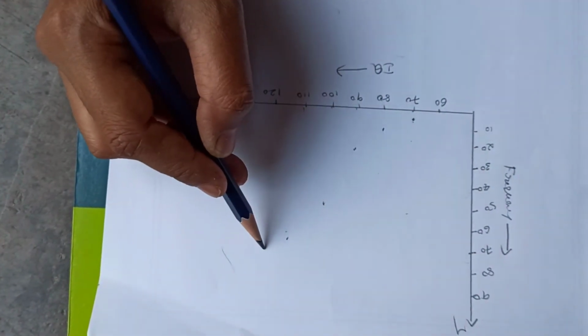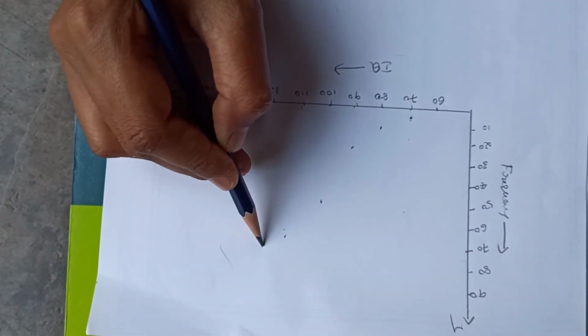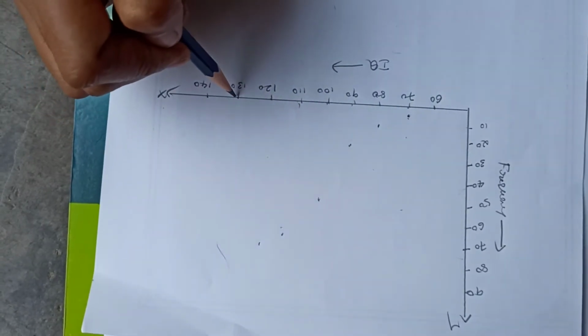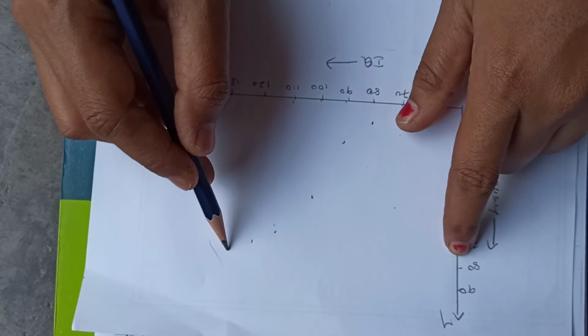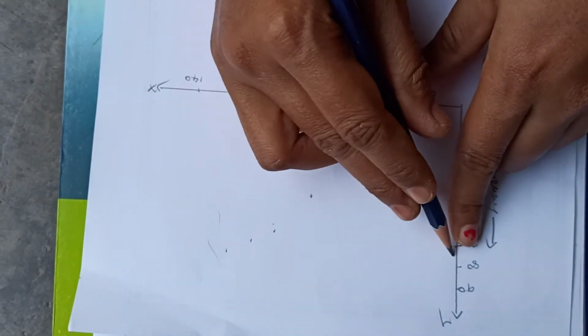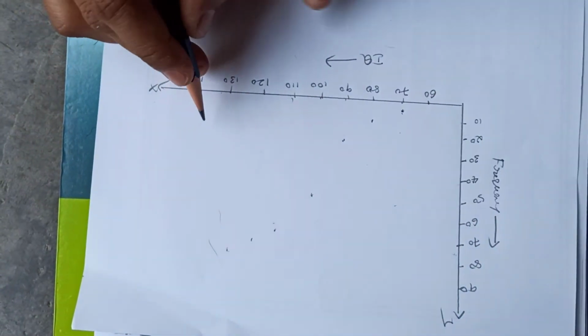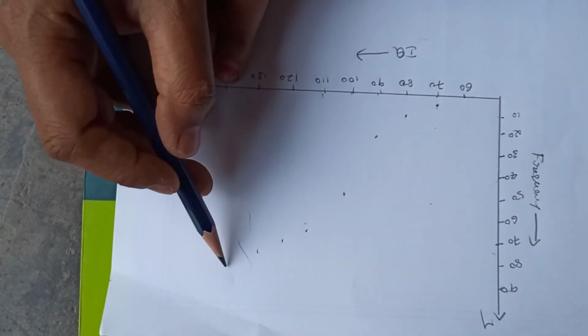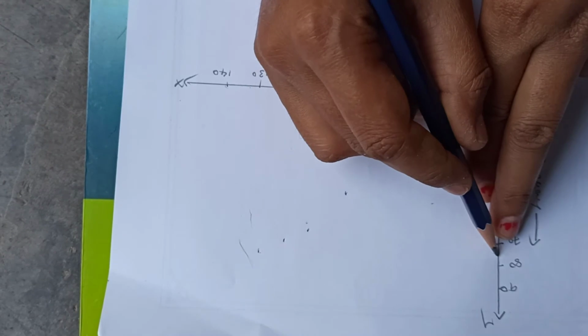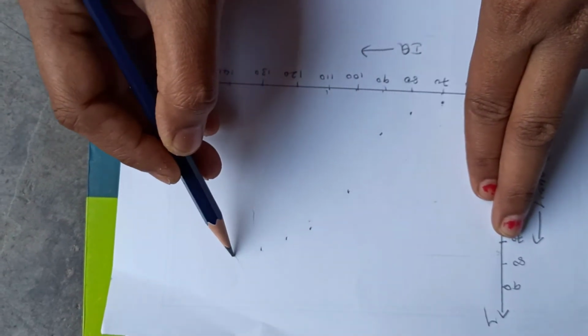Then less than 130 is 74 students, and 74 will come somewhere here. Then less than 140 is 75 students, and 75 comes in between these two.